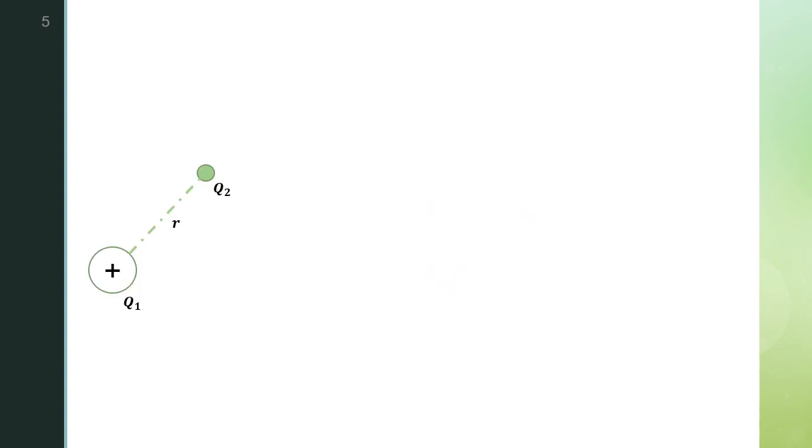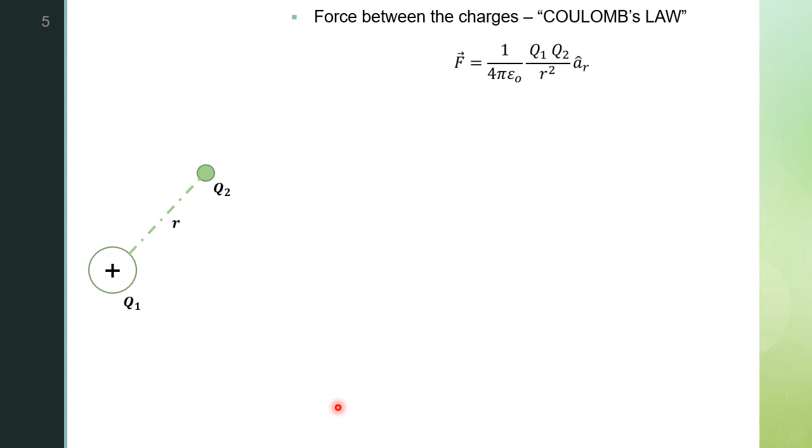If two charges are separated by a certain distance in free space or vacuum, then there exists a force of attraction or repulsion between the two charges. This force is determined by Coulomb's law. According to Coulomb's law, the force is directly proportional to the product of the charges and inversely proportional to the square of the distance between them, and the proportionality constant has a value 1 by 4 pi epsilon.